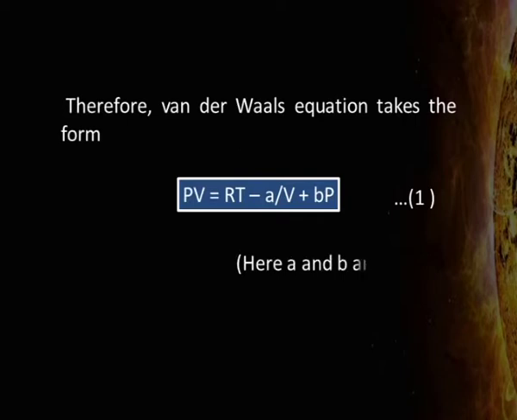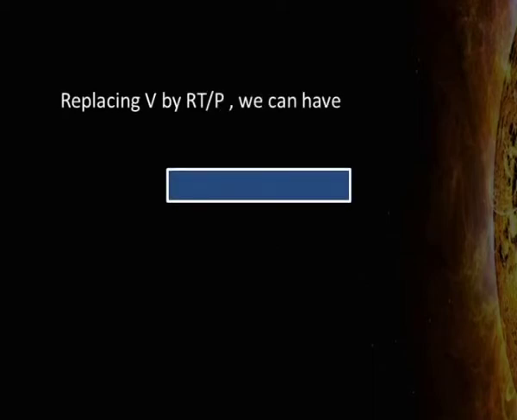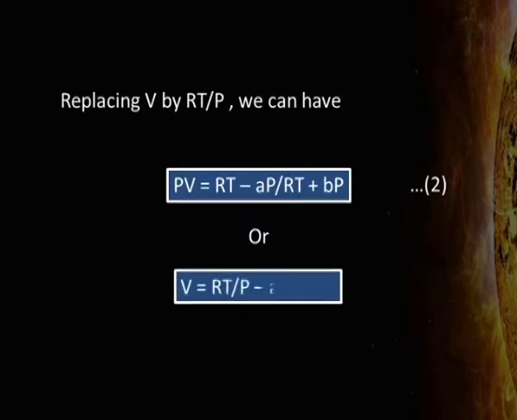Here A and B are van der Waals constants. Replacing V by RT by P, we can have PV equal to RT minus AP upon RT plus BP, or we can say V equal to RT upon P minus A upon RT plus B.